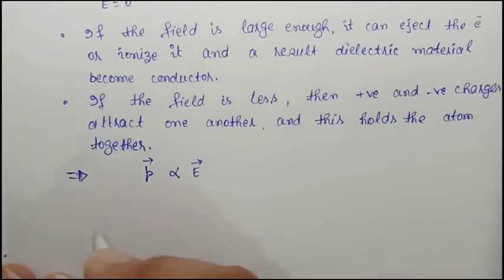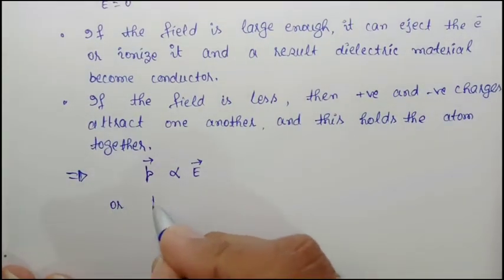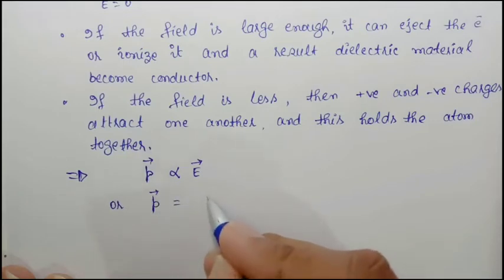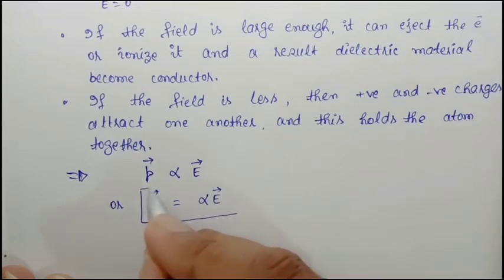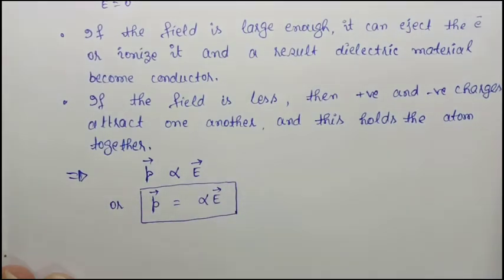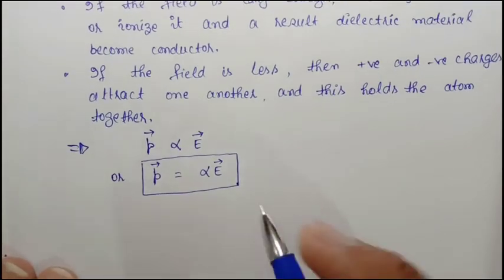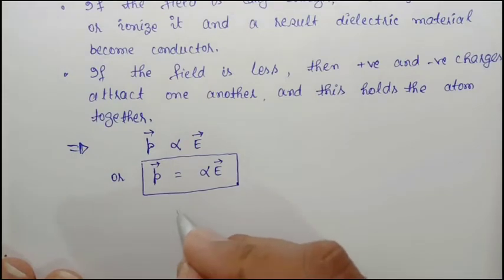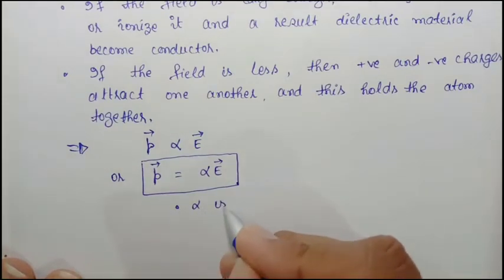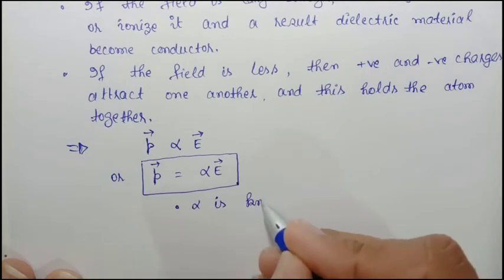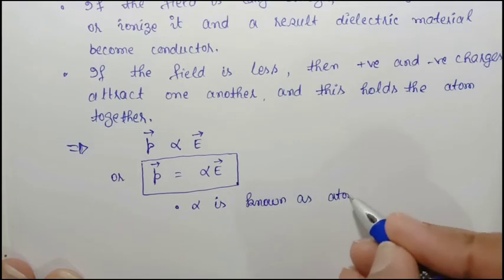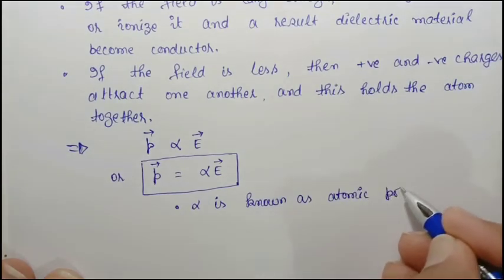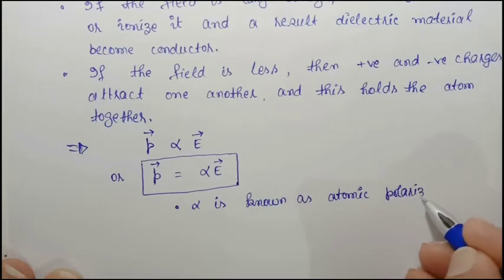Or we can write P equals alpha E. Here alpha is a proportionality constant and is known as atomic polarizability.